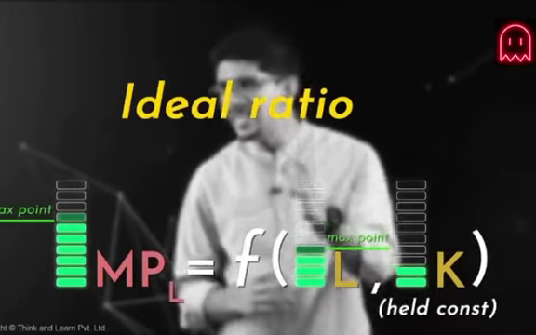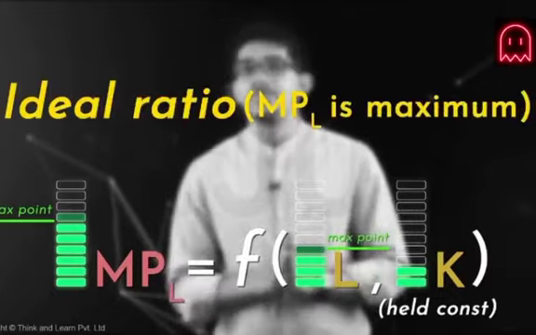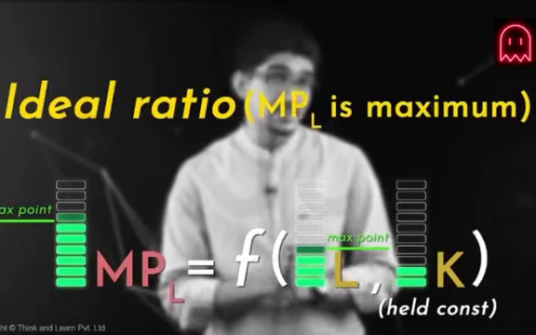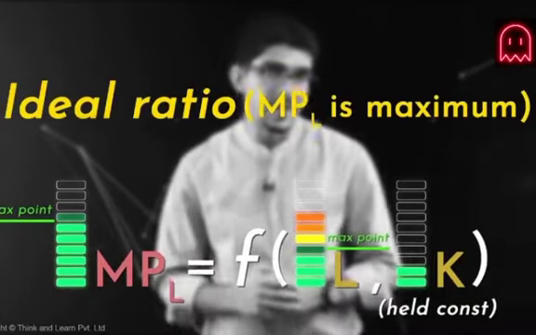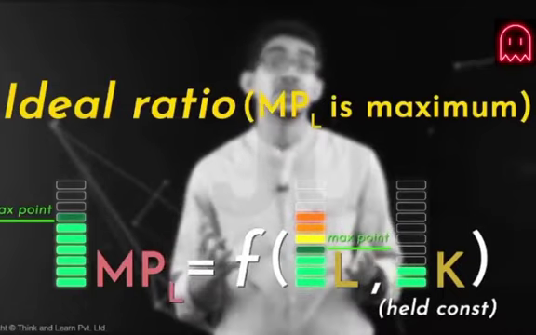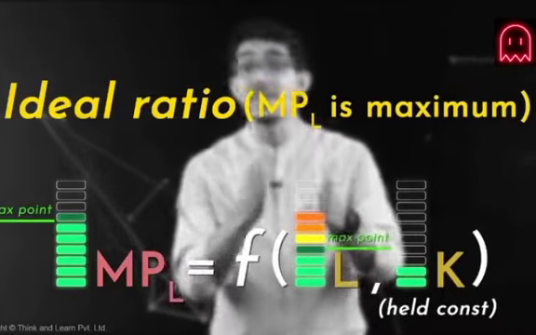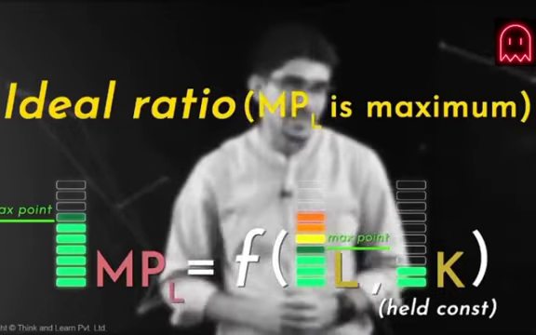At the ideal ratio between L and K, MPL would be at its maximum. But once the ideal ratio is reached, any further increase would mean excessive employment of the variable factor, or it would mean lesser and lesser availability of the fixed factor per unit of the variable factor. That is, it would mean overuse of the fixed factor.